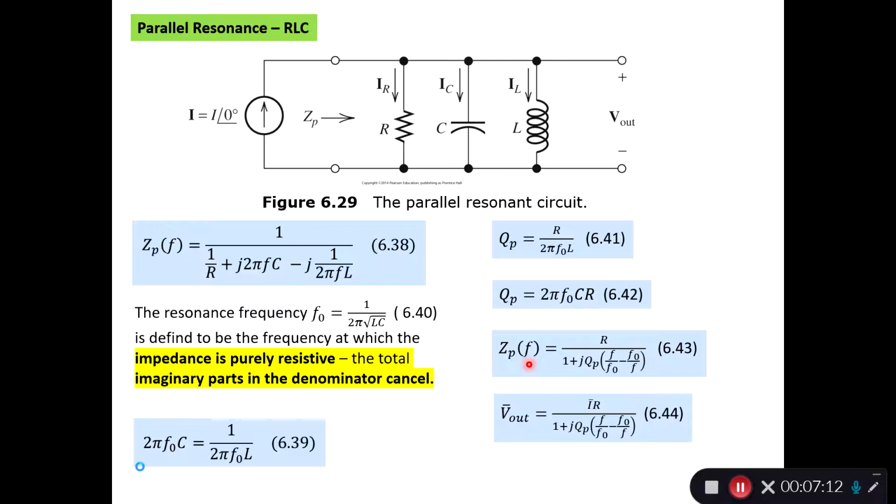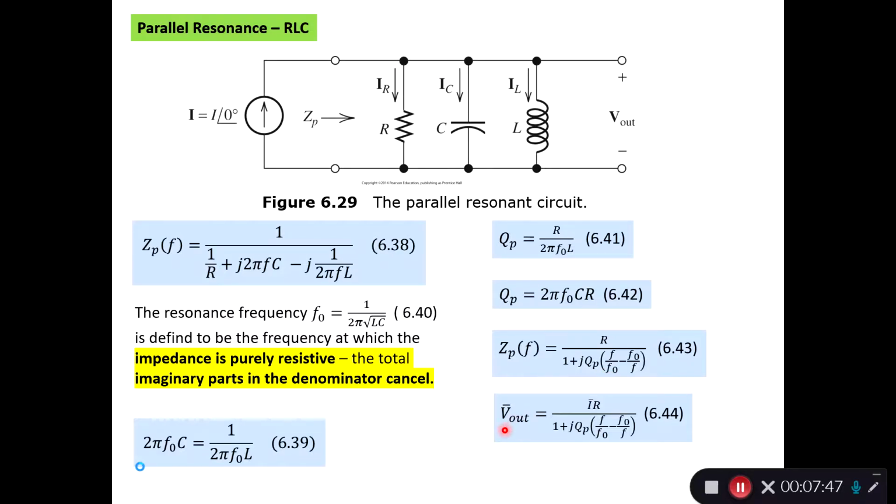The transfer function of the parallel resonance circuit can be found as the resistor over 1 plus j times the parallel quality factor, and then f over f0 minus f0 over f, multiplied by the quality factor.